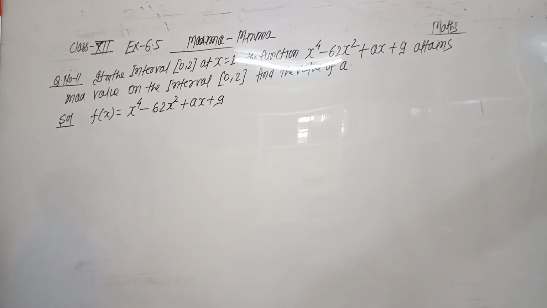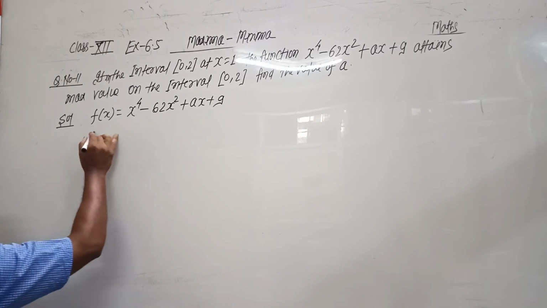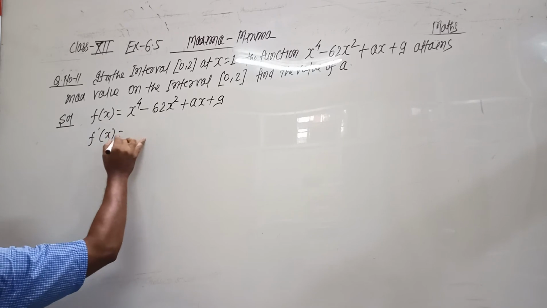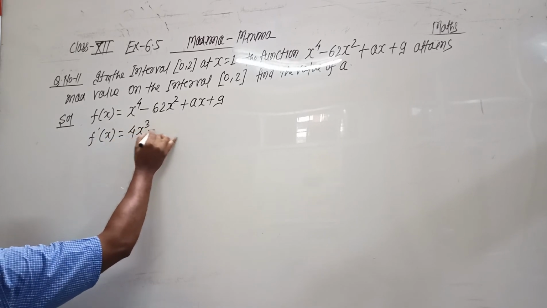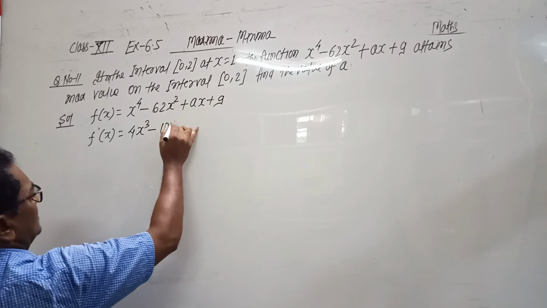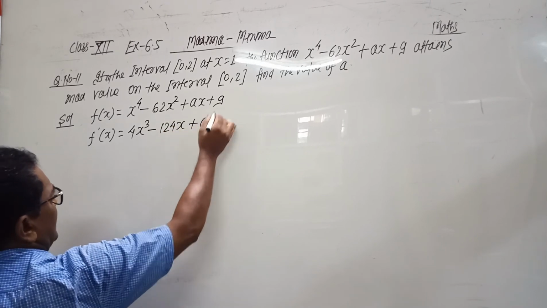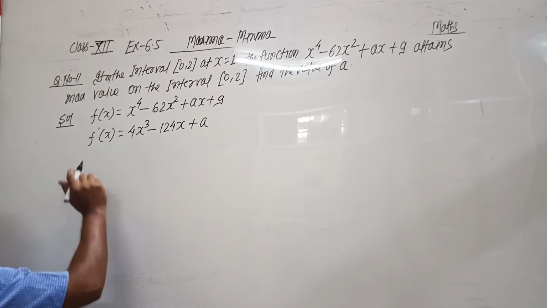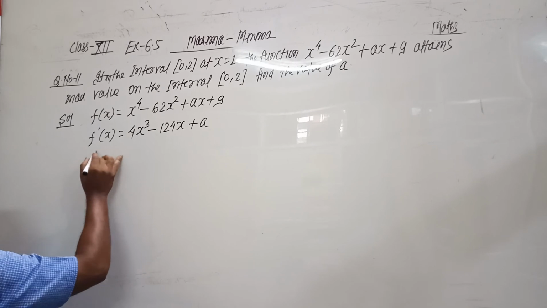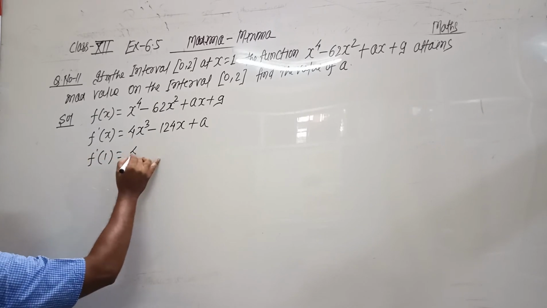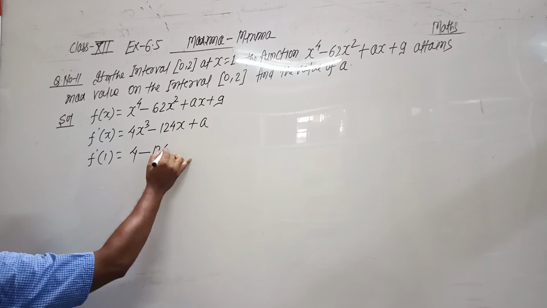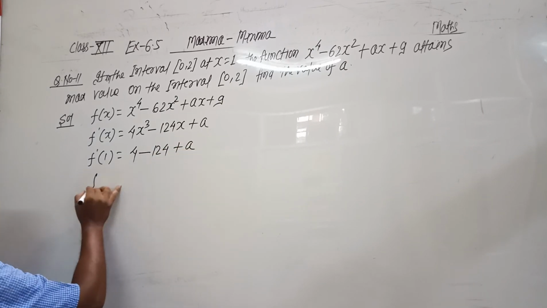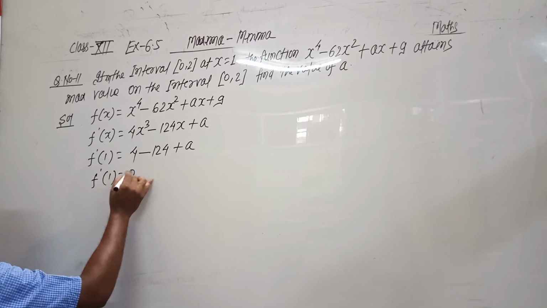First we differentiate, so f dash x equals 4x cube minus 124x plus a, and differentiation of 9 is 0 because it is a constant term. Since the function attains maximum value at x equals 1, we find f dash 1, which is 4 minus 124 plus a, and make it equal to 0.